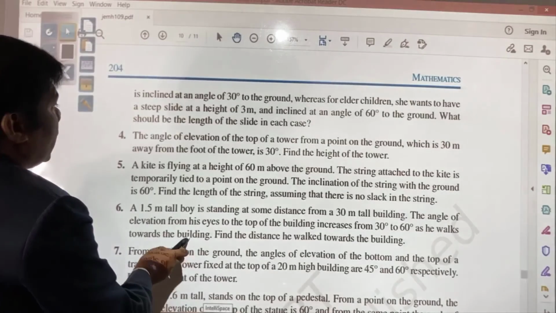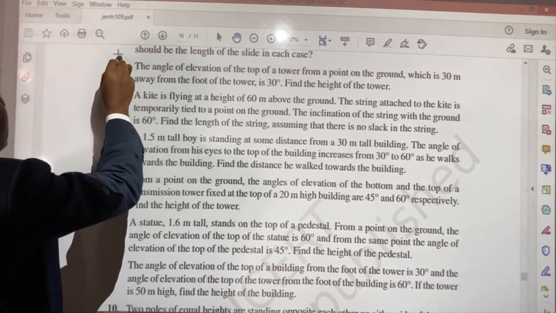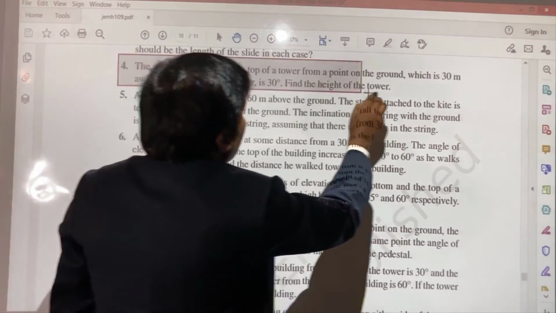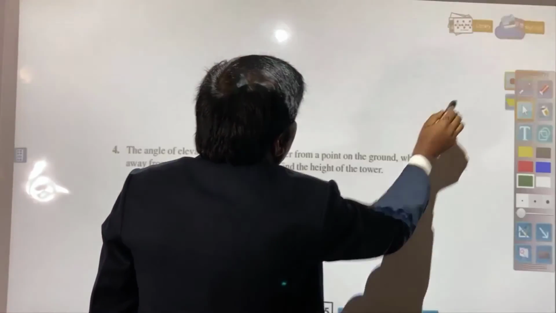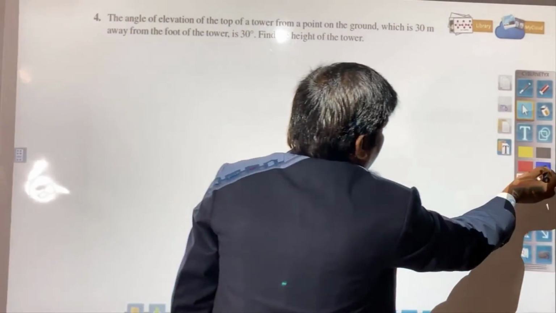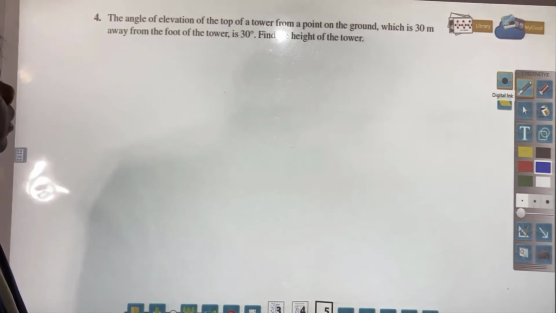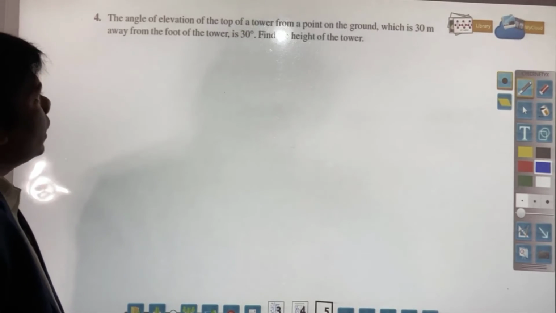Next question we will take. Question number 4. Here you see the angle of elevation of the top of a tower from a point on the ground which is 30 meter away from the foot of the tower is 30 degree.